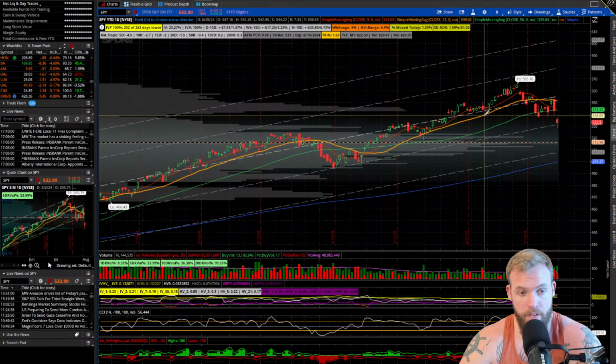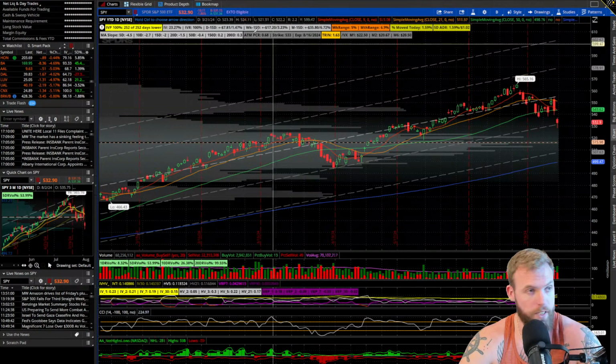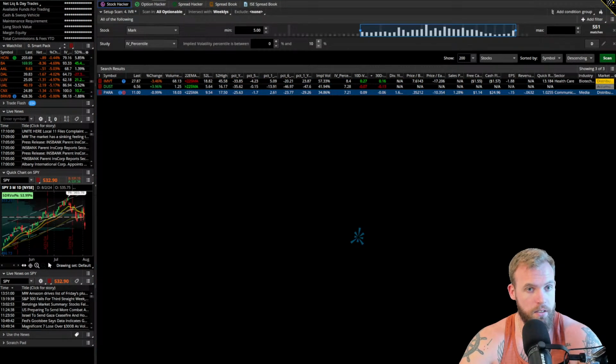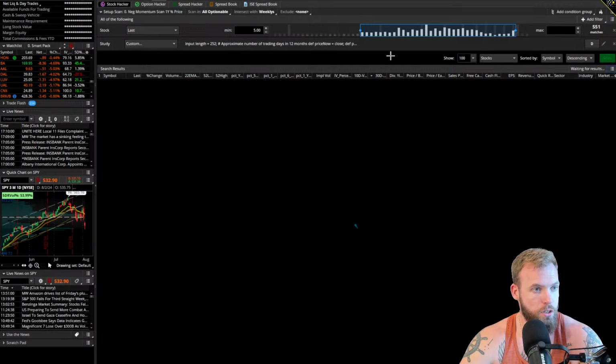But I actually have a different approach. And when I'm looking for weakness, I want to find things that are really, really displaying weakness. So let's look for that. What I'm going to do is pull up a scan, and I'm going to grab a query that is going to look for a few things. This first one is going to look for general negative momentum.